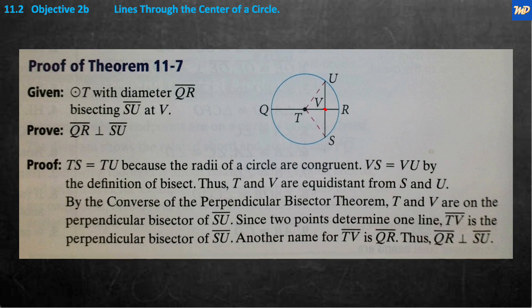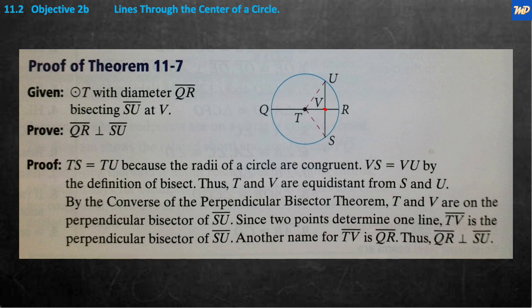Thus, T and V are equidistant from S and U. T is the radius distance to S and U, and V is the bisected distance along this chord, and they're equal. Everything here is equal, right? They're congruent pieces.